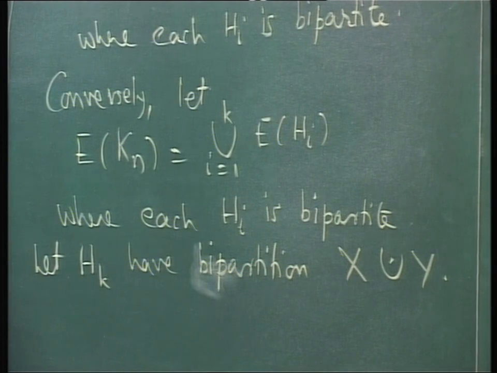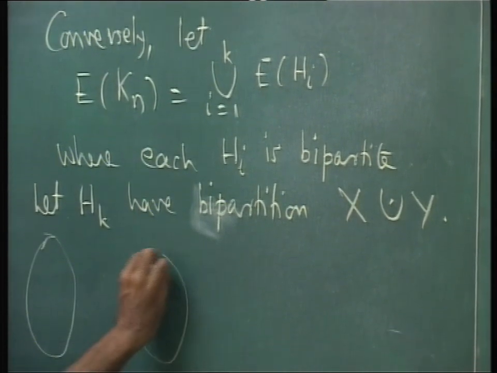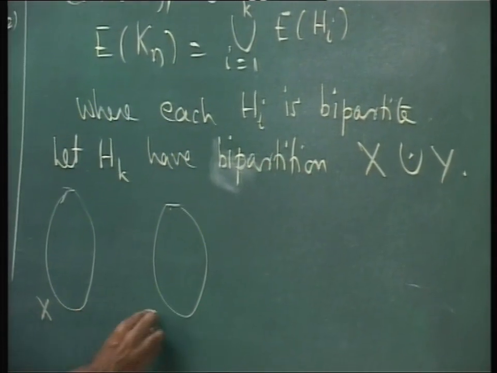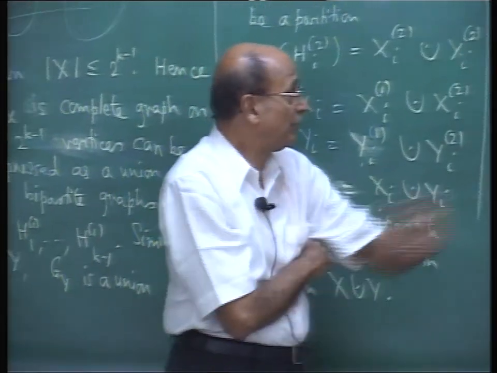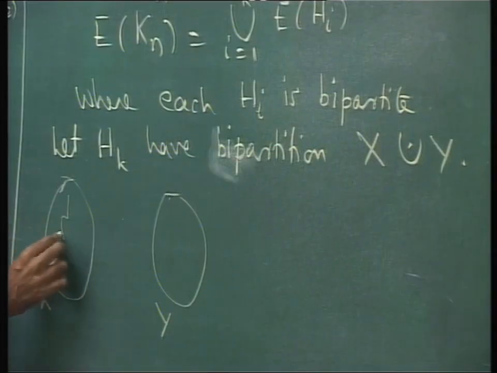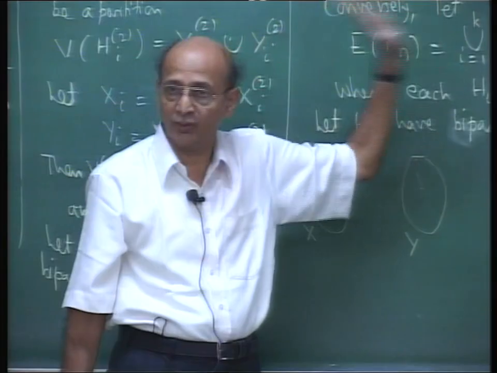So now we are working the other way around. So I have bipartition for Hk. This is x, this is y. Which of these will cover all the edges inside x? They will be h1, h2 up to hk minus 1. Okay?